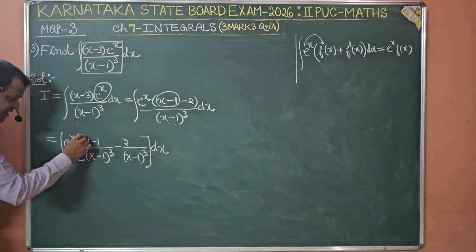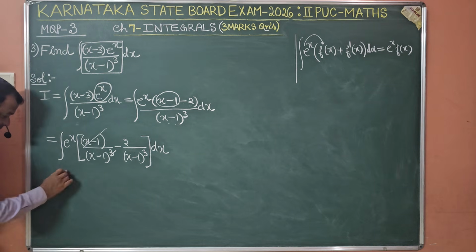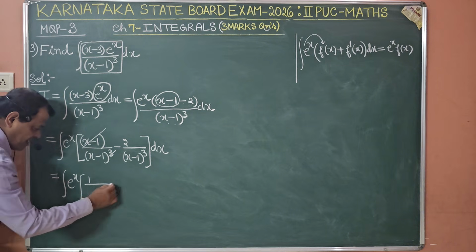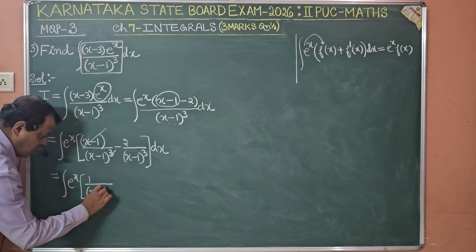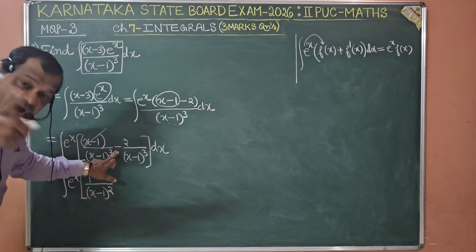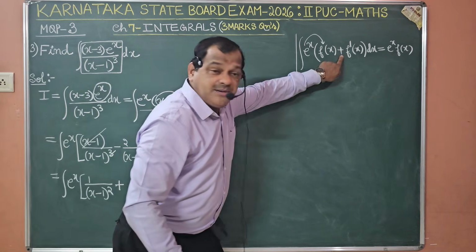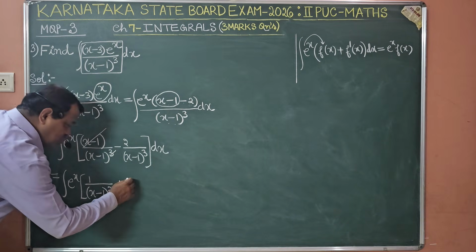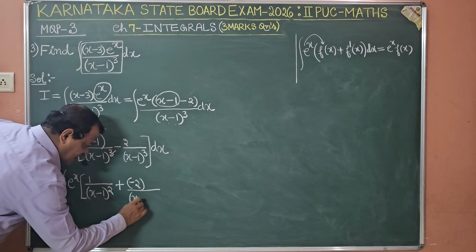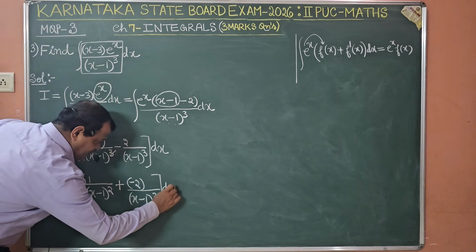In the first ratio, one x minus 1 term gets cancelled and remaining is the integration of e power x, here 1 by x minus 1 whole square remaining. Here instead of minus, I will write plus, because we need plus in the middle. Where is minus 2? Now I write minus 2 by x minus 1 whole cube as it is, dx.